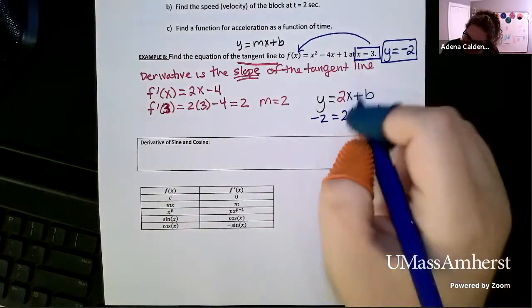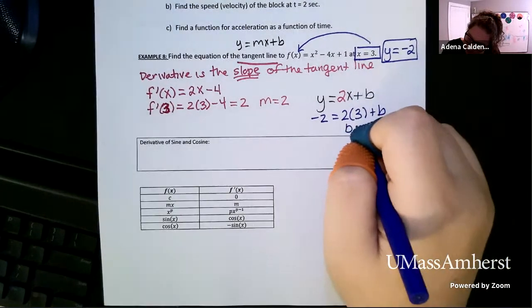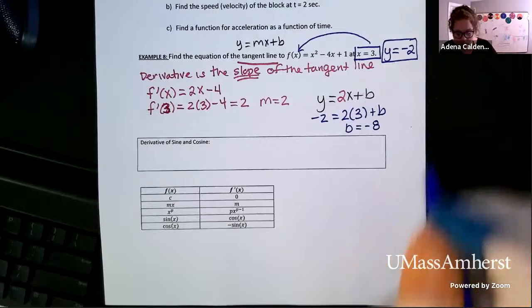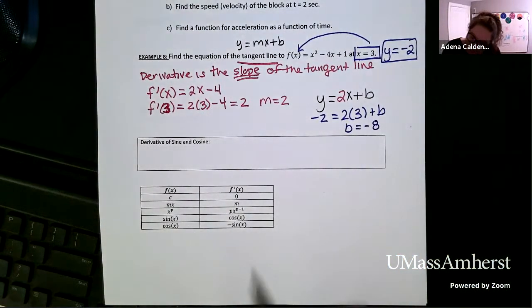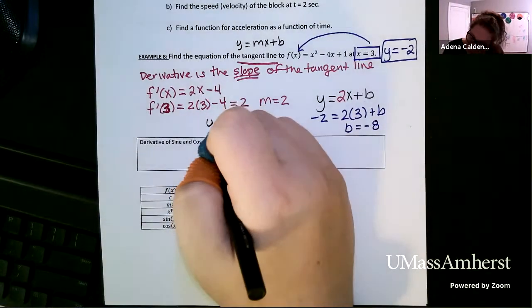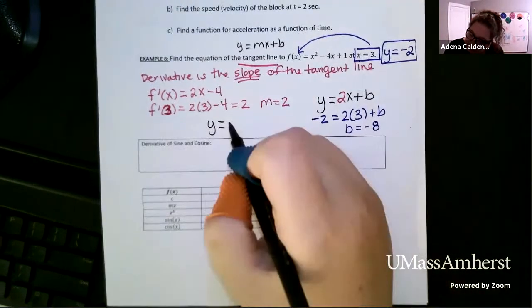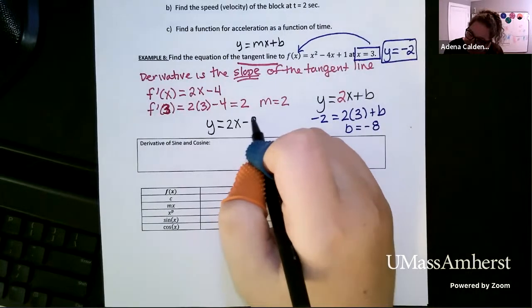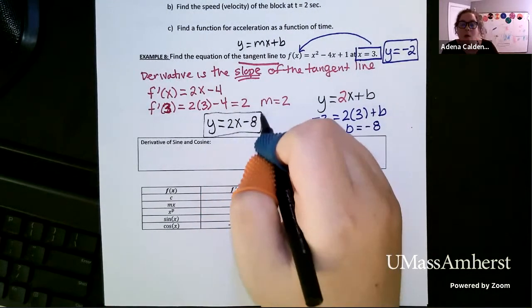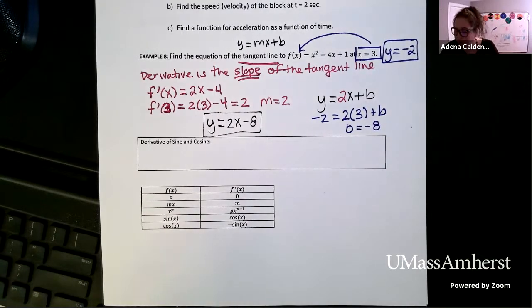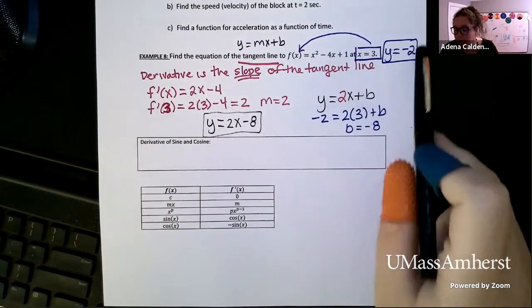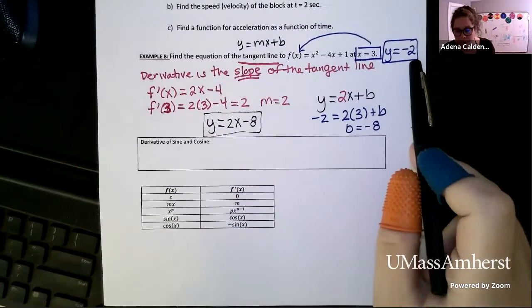I subtract 6 from both sides, and I get b equals -8. So finally, I put this all together, and I get y equals 2x minus 8. That is the equation of the tangent line to this function that touches at the point (3, -2).